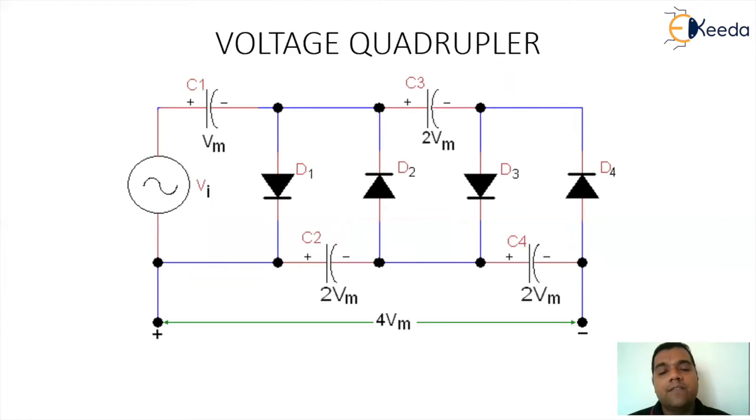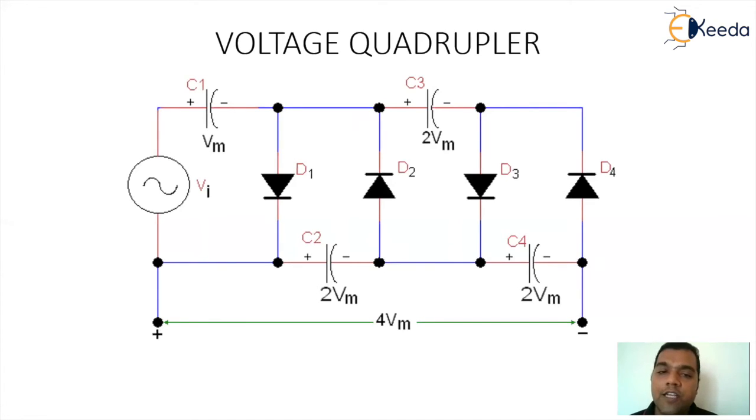On similar lines, we can extend one more combination of diode and capacitor. The previous circuitry got extended. Actually, if you observe carefully, we are just adding a diode capacitor pair to generate the multiples of Vm. Earlier, there were two diode capacitor pairs in the voltage doubler.